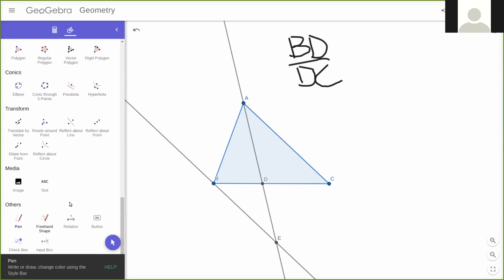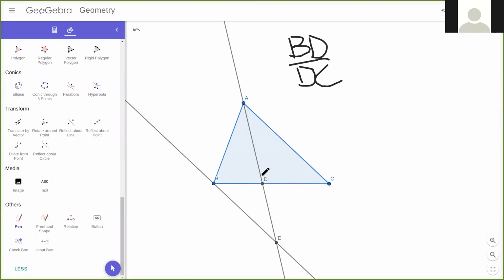Okay, so what lengths can we relate BD over DC to? One ratio is BD over DC equals ED over DA.